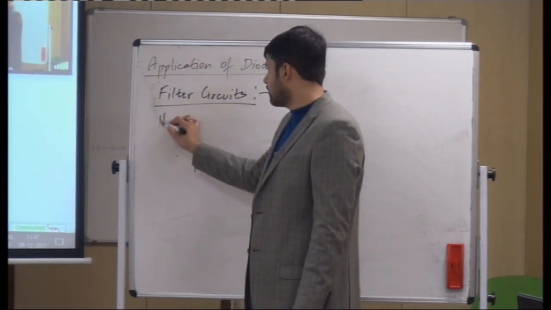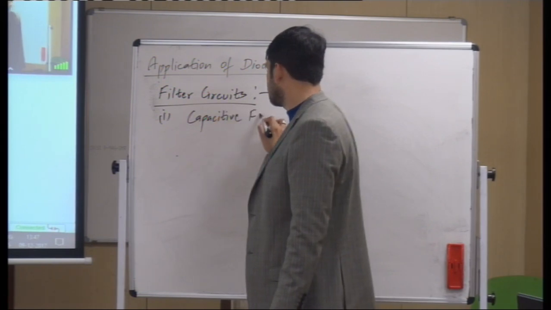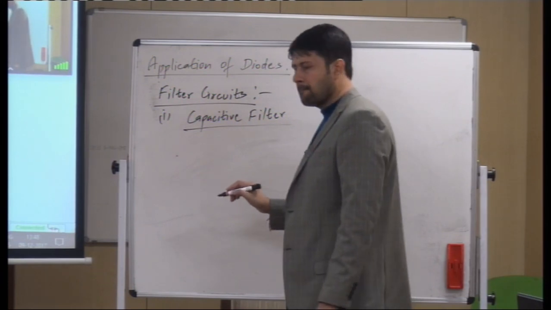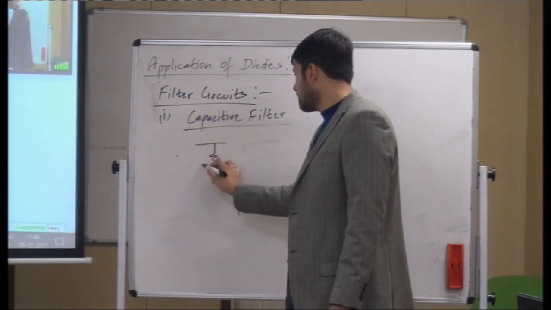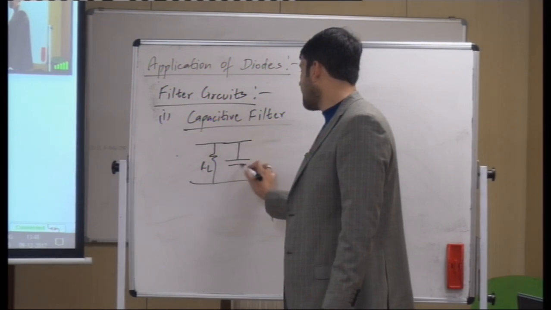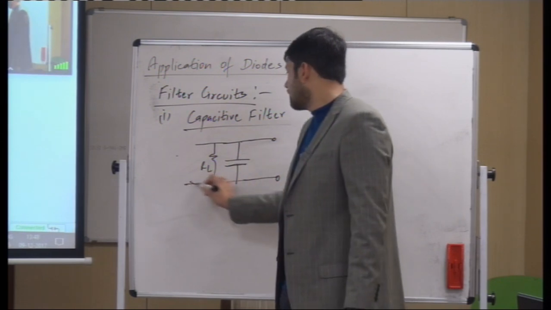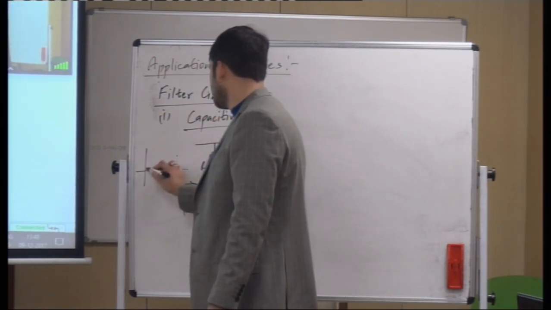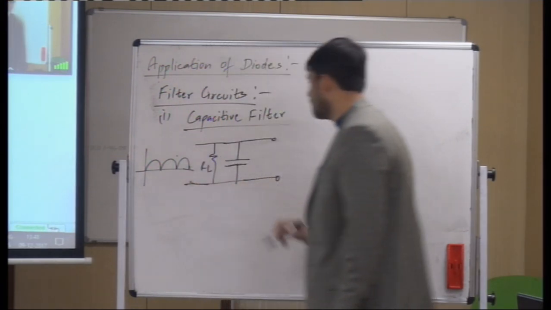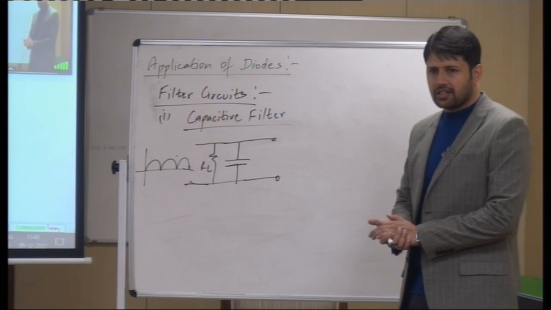Filter circuits, the first one is capacitive filter. Let's say this is the load resistance RL. A capacitive filter is connected in parallel with RL. Here this is unregulated, unfiltered supply. It may be half wave, it may be full wave, doesn't matter really.